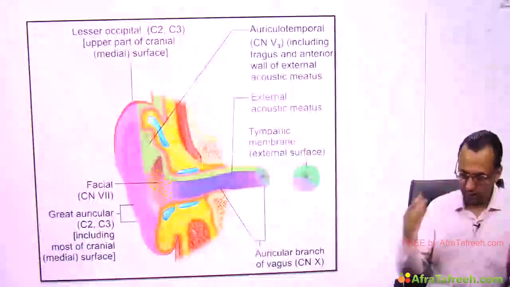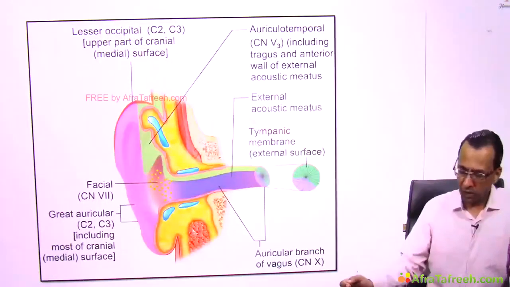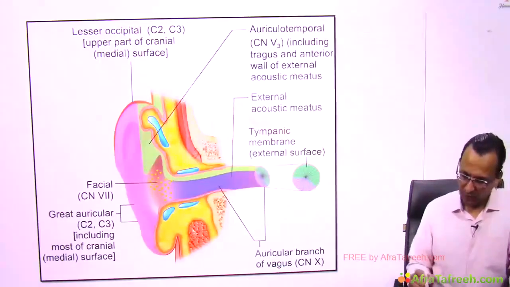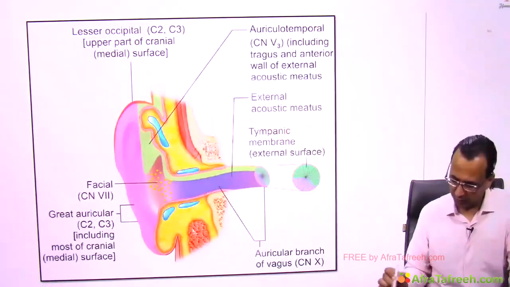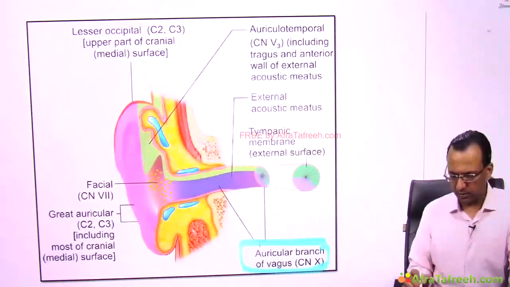Okay, what about the canal, the auricular canal? You want to say the external auditory meatus? Yes, no problem. Where was the vagus nerve supplying, do you remember? The auricular branch of vagus, around the external auditory meatus.